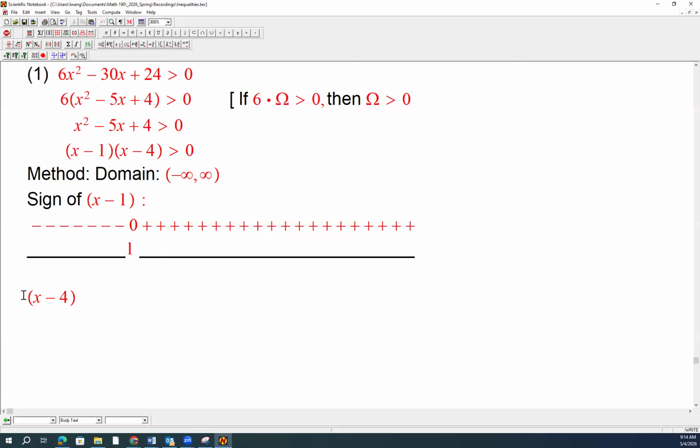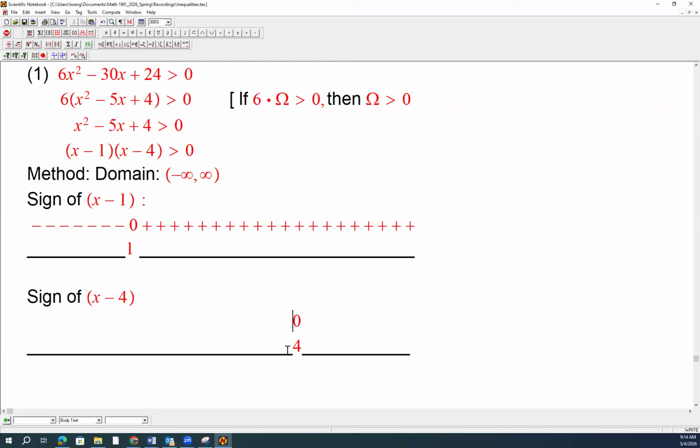So I will do the same for x minus 4, okay? Of course, x minus 4 is 0 at 4. So I'm going to put number 4 over here. When x equals 4, x minus 4 is 0. No problem, right?